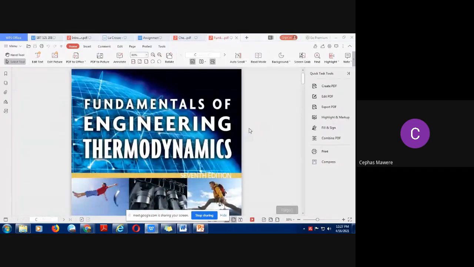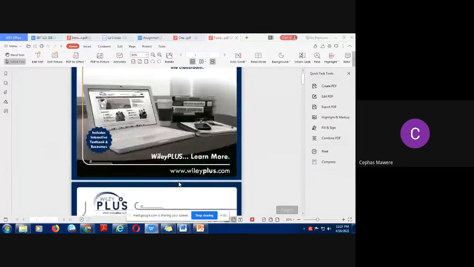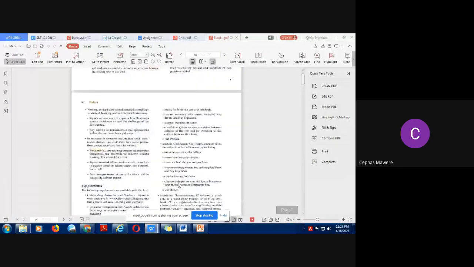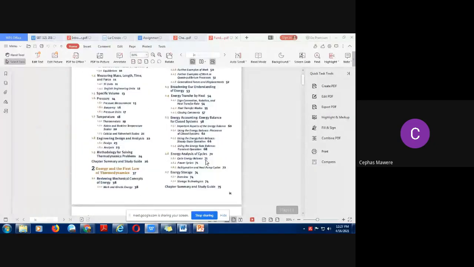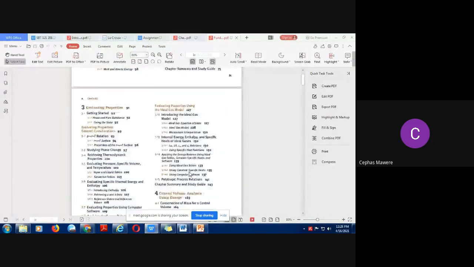We also have another book, Fundamentals of Engineering Thermodynamics, by Michael J. Moran. Like I said earlier on, it's also good for you and easier to understand as you go through it. You quickly understand different concepts and be able to relate with the area of thermodynamics.